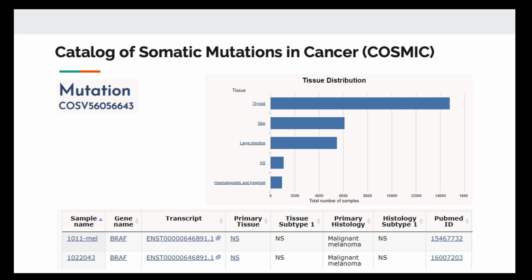So you will know whether the mutation you found is linked to cancer in general, in any tissue, or is specific to cancer in a certain tissue. That can give you some clue about the molecular function or mechanism for that variant. They will also link you to related mutations on the same gene or other studies, like in this case the PubMed IDs of papers that report the same mutation.